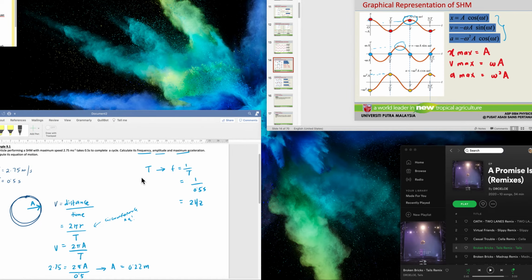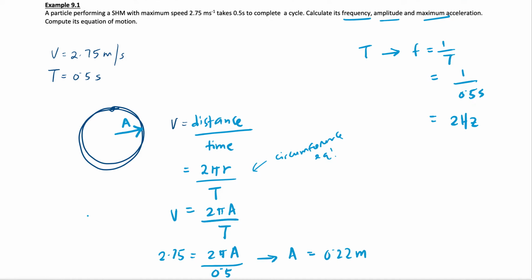Okay, so going back to that. The maximum acceleration equation is omega squared A. I know what my omega is because that's just 2 pi f, so that's easy.